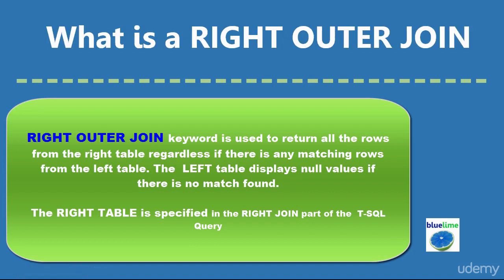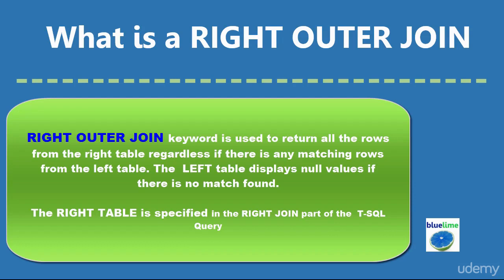When using a right outer join keyword, all the rows from the right table are returned and matching rows of the left table, if there are any matching. Whereby there are no matching rows from the left table, it returns a null value.